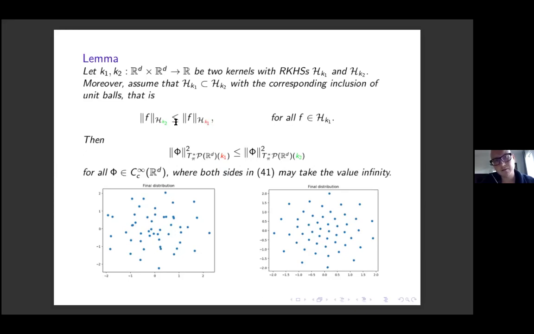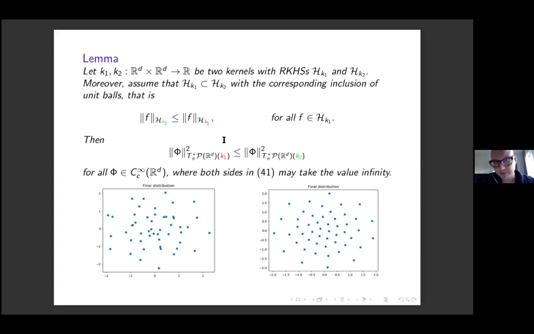So we have these two kernels. We look at the corresponding reproducing kernel Hilbert spaces, which are Hilbert spaces. And then if there is an ordering of these reproducing kernel Hilbert spaces such that one is included in the other, with inclusion of balls, so this means that the unit balls are included in each other, then these I functionals will be ordered in the reverse order.